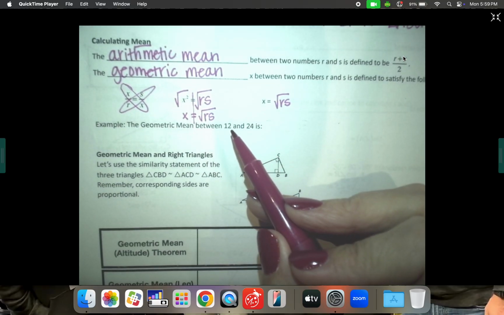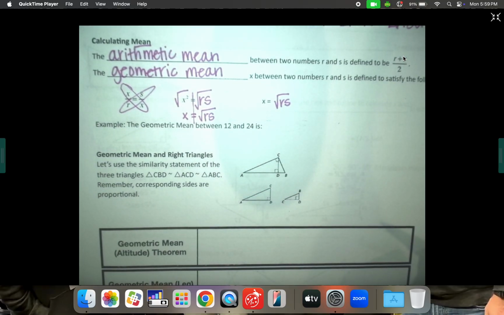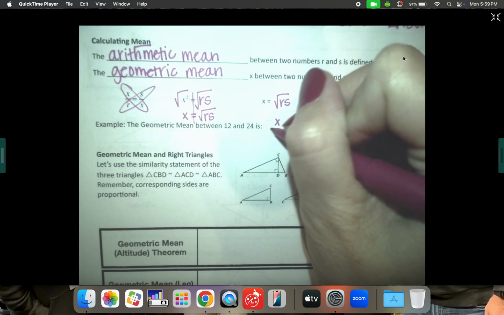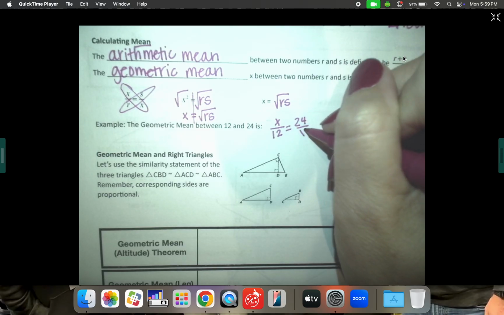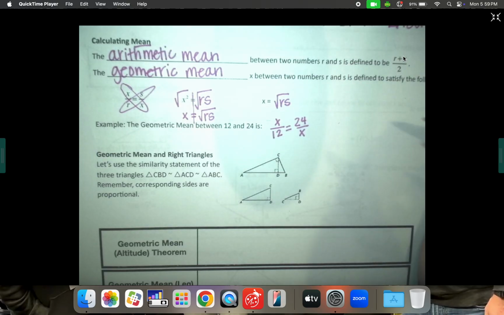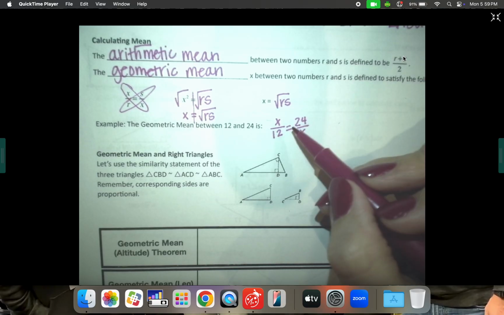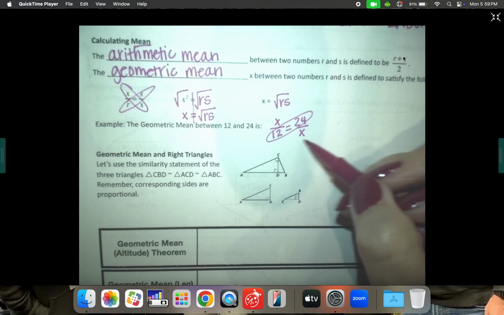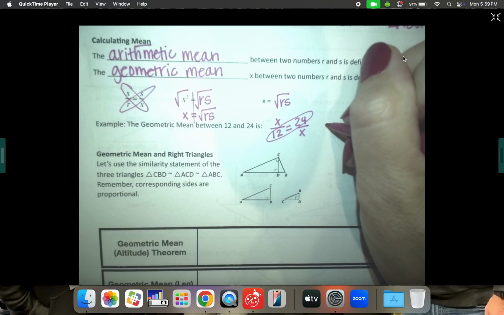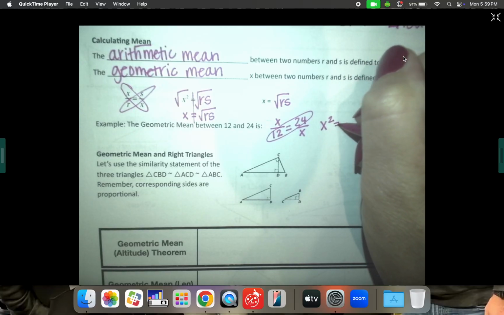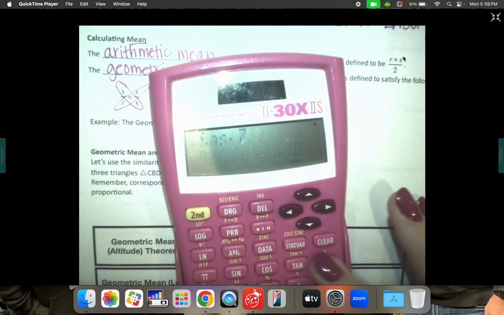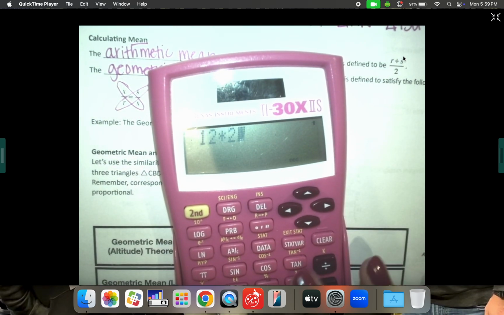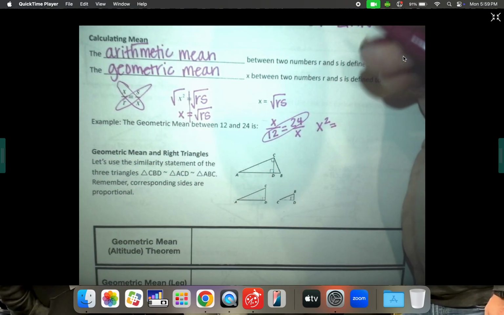So you might have to use it twice to find the geometric mean. Okay, let's try it with two numbers, 12 and 24. If you have the geometric mean of 12 and 24, you set it up as X over 12 equals 24 over X. The order doesn't matter, and you really don't need to show this work. X squared is equal to 12 times 24, which is 288.